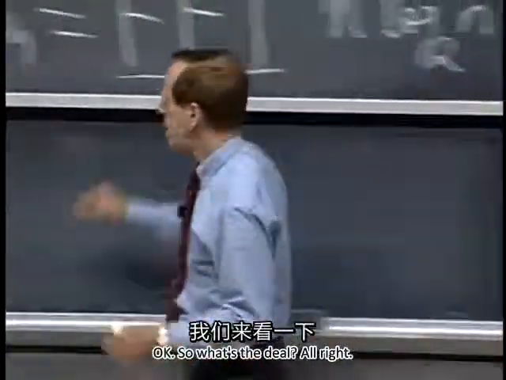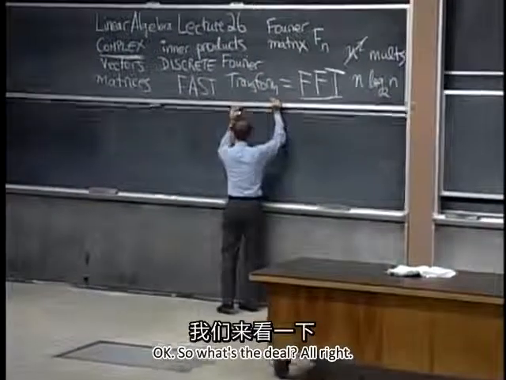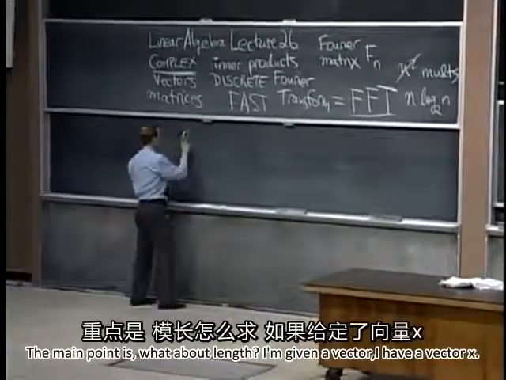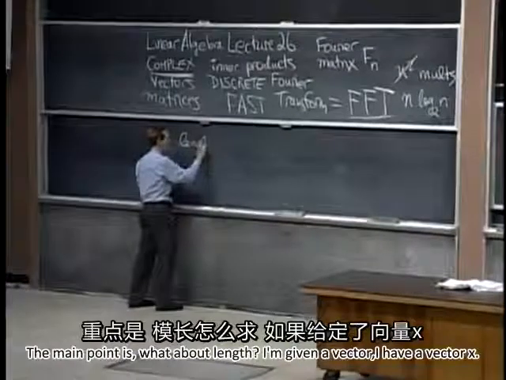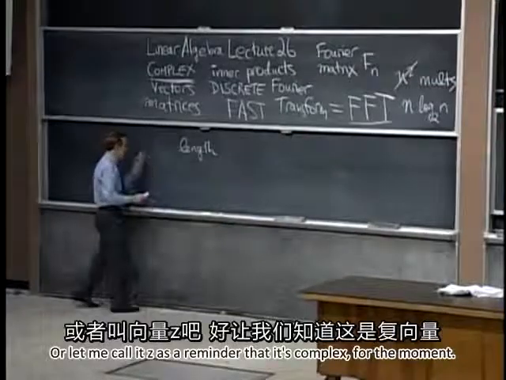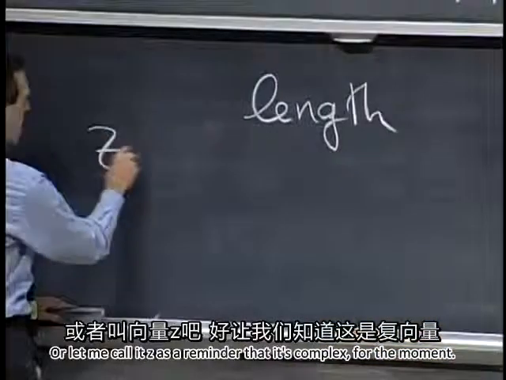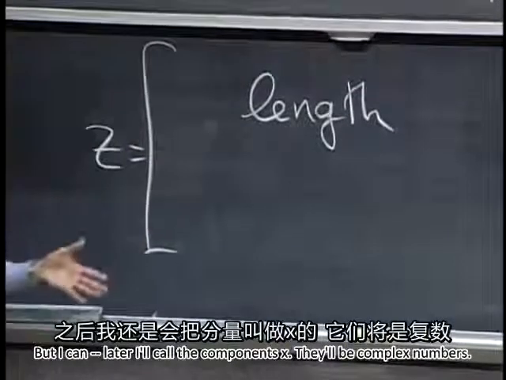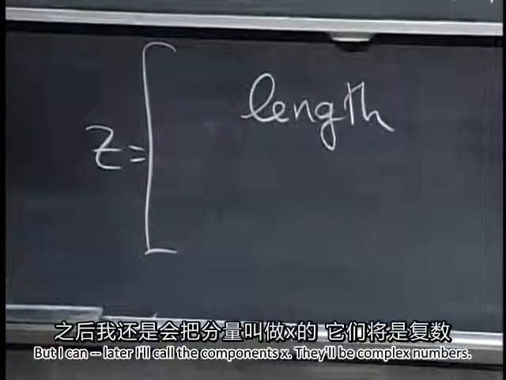Okay, so what's the deal? All right. The main point is, what about length? I'm given a vector. I have a vector x. Or let me call it z as a reminder that it's complex for the moment. But later I'll call the components x. They'll be complex numbers.